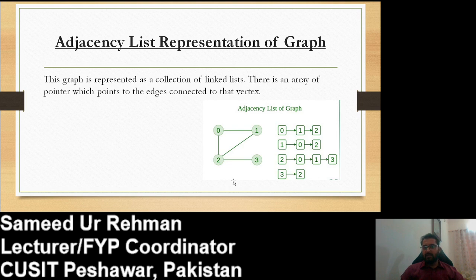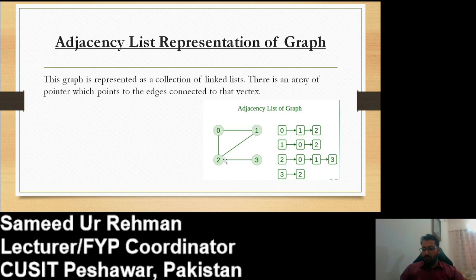Next is the adjacency list. In this approach, we represent the graph in the form of a linked list, where a pointer points to the edges connected to each vertex. For example, from 0 we have only two possible ways: 0 to 1 and 0 to 2. From 1: 1 to 0 and 1 to 2.